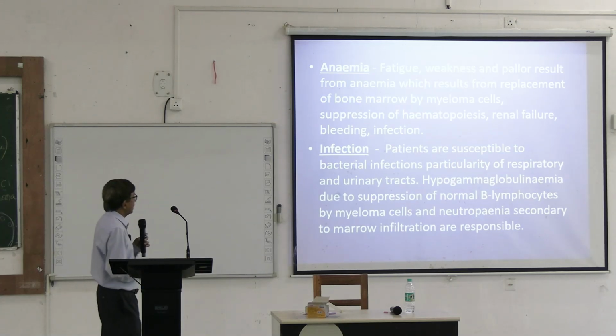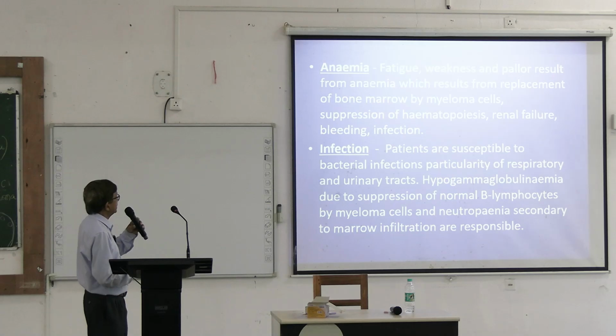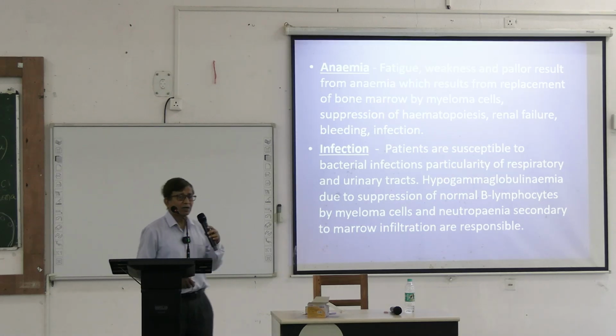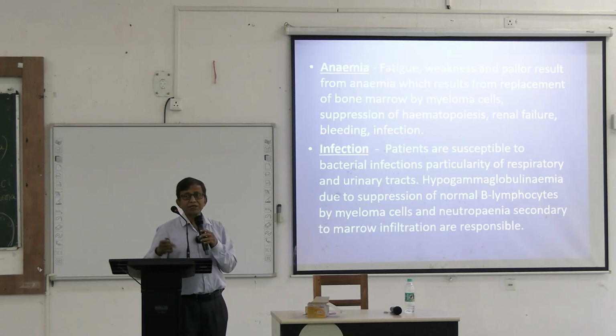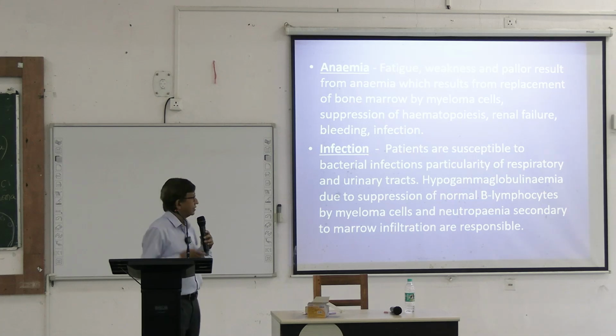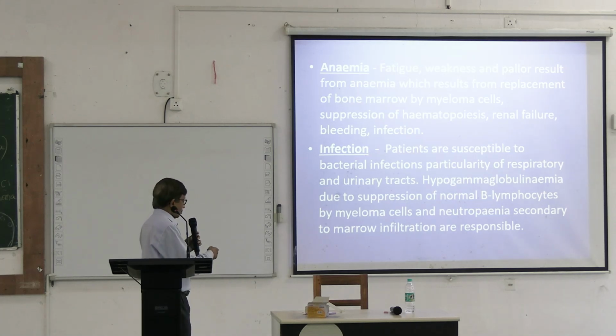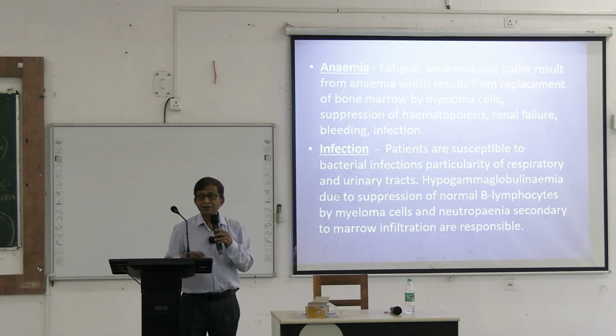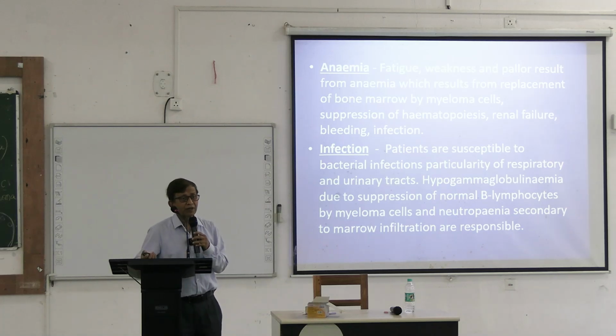So, anemia, infection. So, question is, why anemia? Because normal erythropoiesis is replaced by abnormal plasma cells. Why infection? Why repeated infection?